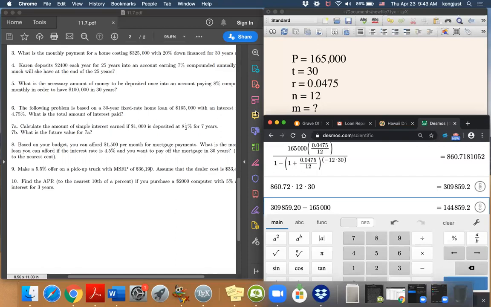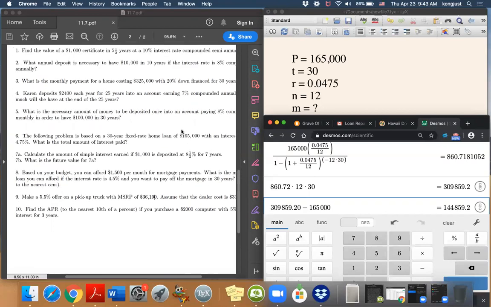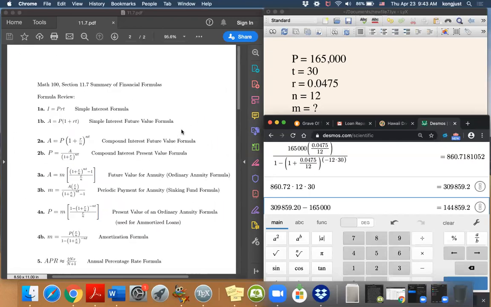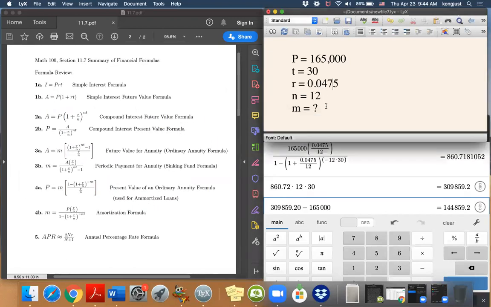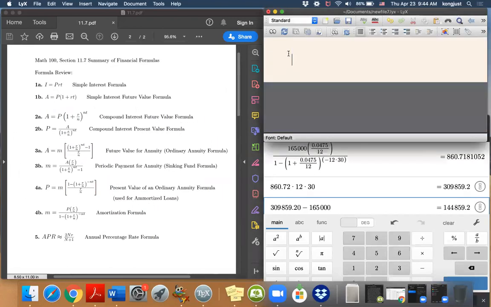Okay, sweet. Let's go. So we're on number 7 now. Calculate the amount of simple interest earned if $1,000 is deposited at 8.5% for 7 years. So let's do that one first. What formula do you guys think? What number?